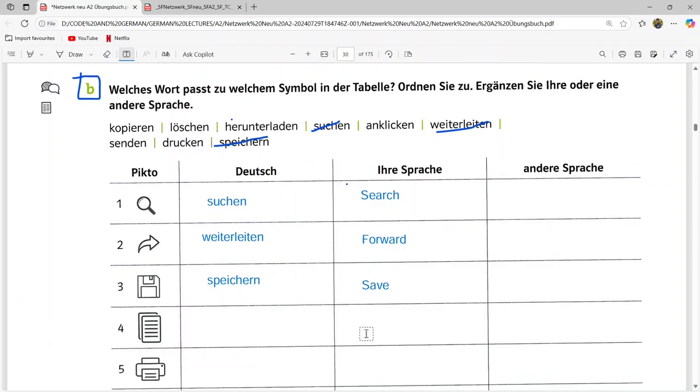Next picture is to copy. So in English we say just copy, and in German we say which one? We say this one, kopieren. So we can write here, this one is kopieren.